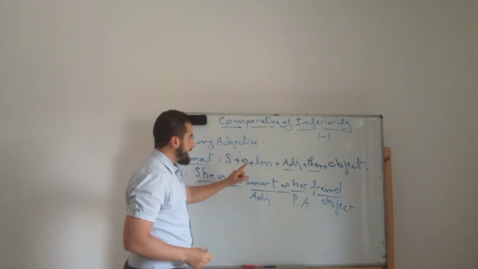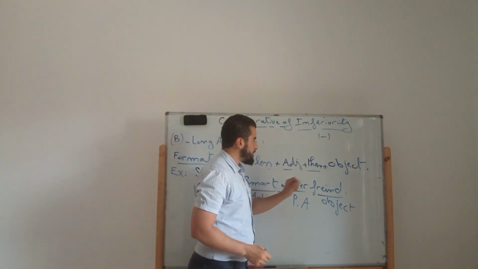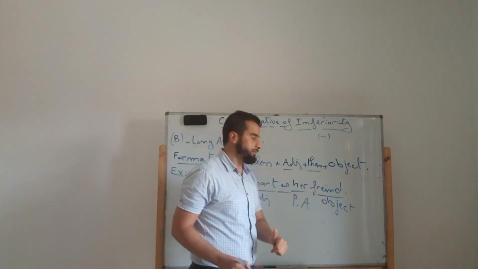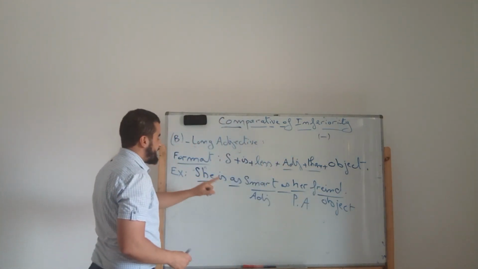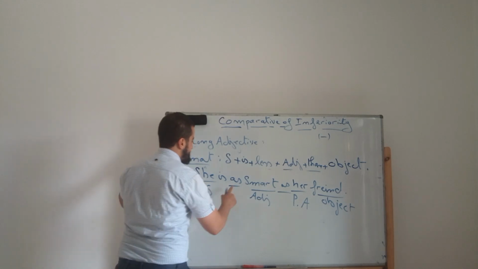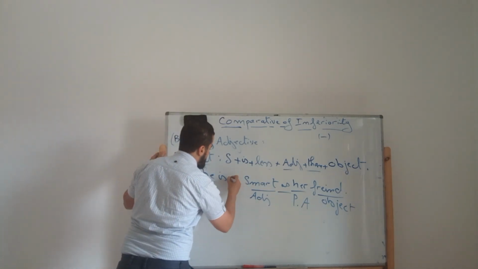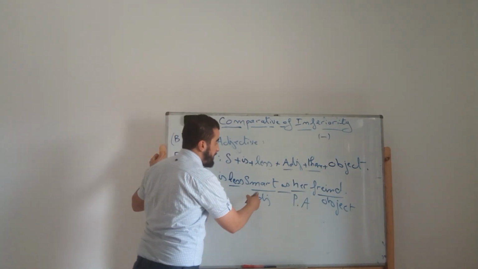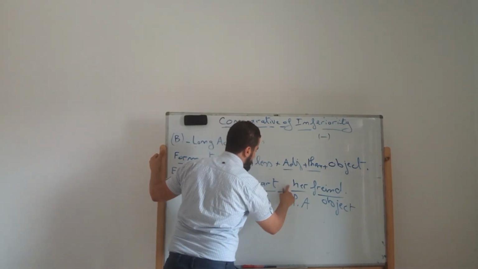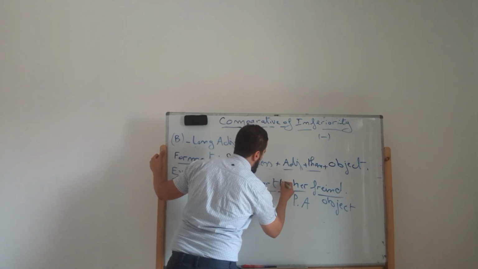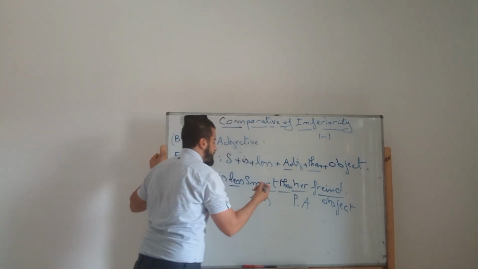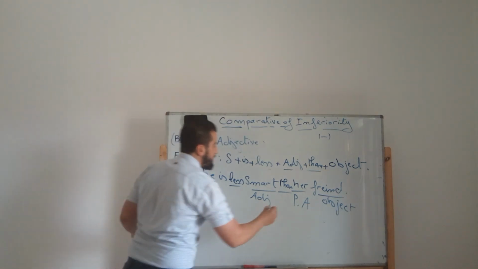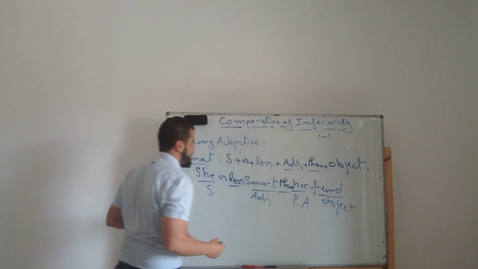So subject is less adjective than the object, the other thing or the other person. So she is less smart than her friend. This is the meaning of inferiority.